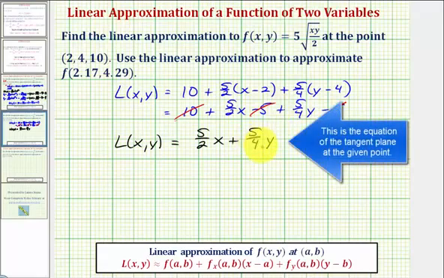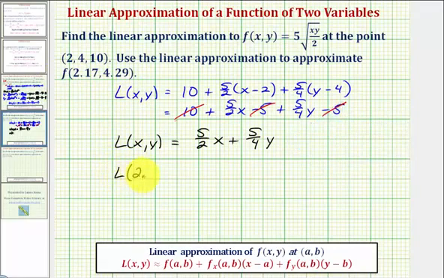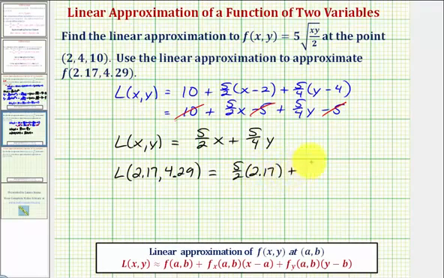And now to use this linear approximation to approximate our new function value, we just need to find L of 2.17 comma 4.29. So we'd have 5/2 times 2.17 plus 5/4 times 4.29.